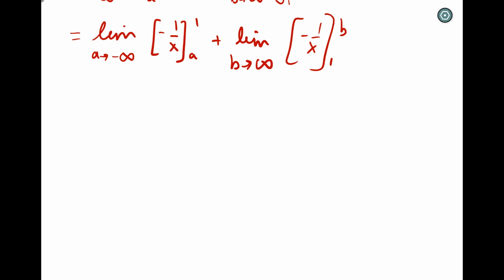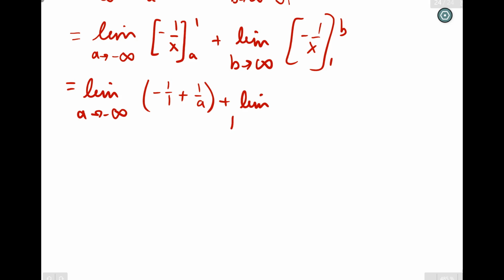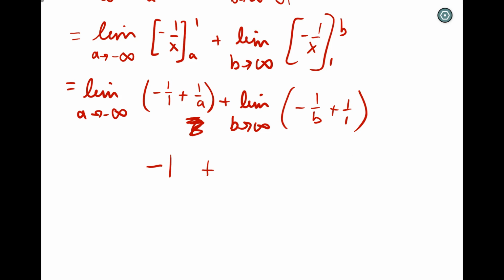All right, let's just evaluate. We're almost done. So this is equal to the limit as a approaches negative infinity of -1/1 plus 1/a, plus the limit as b approaches infinity of -1/b plus 1/1. As a approaches negative infinity, 1/a approaches 0, and as b approaches infinity, -1/b approaches 0.